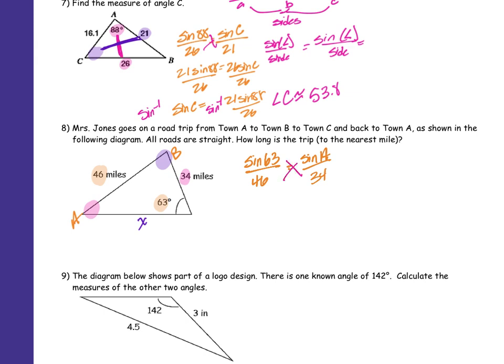Cross multiply. So 46 sine of A equals 34 sine of 63. So sine of A equals that. So A is going to equal sine inverse of 34 sine of 63 divided by 46. Sorry, I was running out of room, so I used a shortcut.